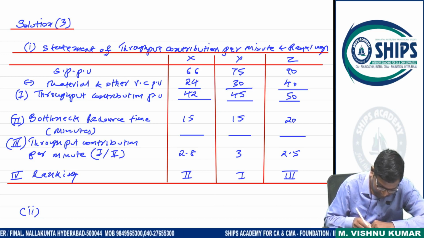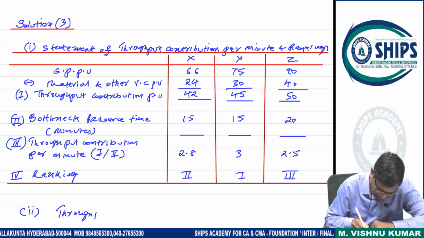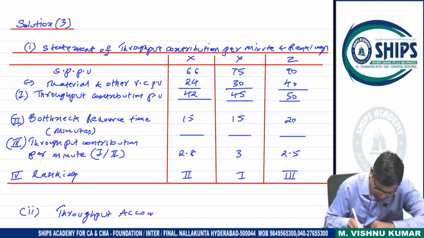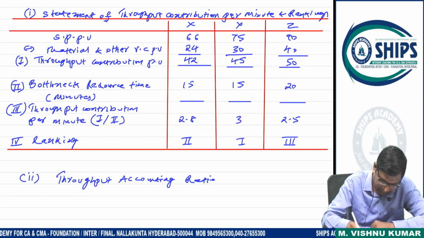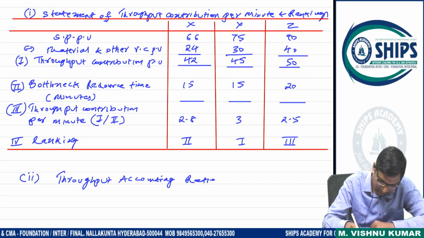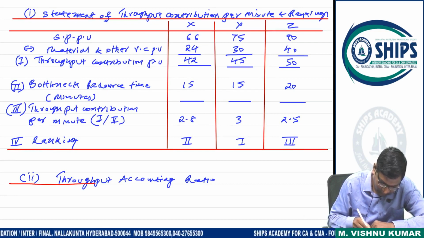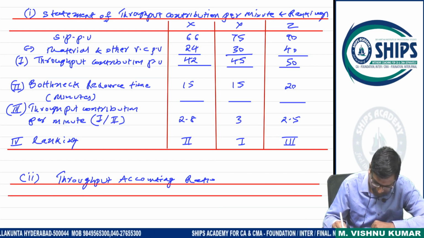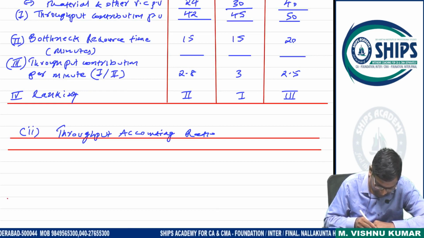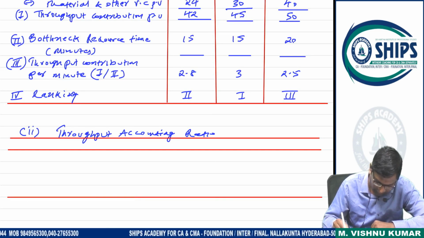Now we are calculating the throughput accounting ratio. We have to calculate for all three products. Actually, it is required for the bottleneck department, but here the bottleneck department is not given, so we have to calculate for all three products.